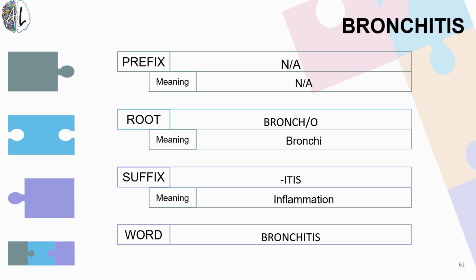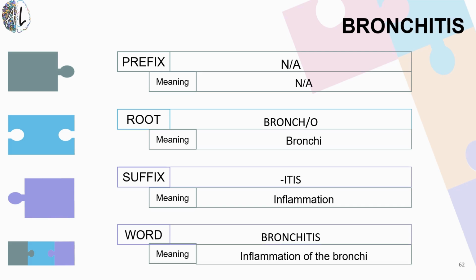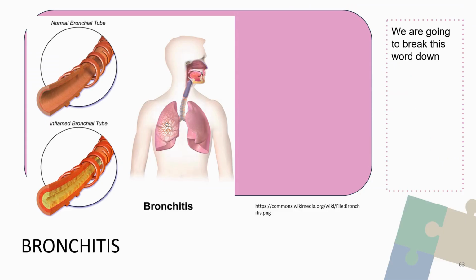So bronchitis is inflammation of the bronchi. Okay, and it's not just inflammation, but let's take a look at that picture again. So it is inflammation, and there gets to be this nice little mucus buildup that lines the tubes of the bronchi where air should be flowing through to get to the alveoli to exchange some oxygen.